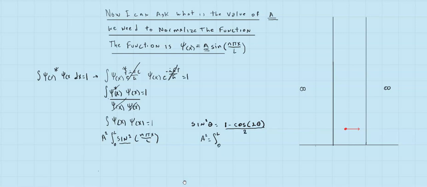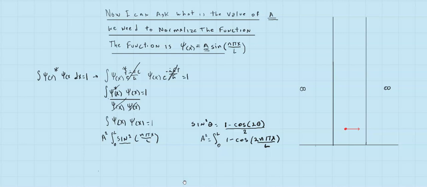From 0 to L of 1 minus cosine 2 n pi x over L. And we know one thing about this, because we don't want to work it all out.